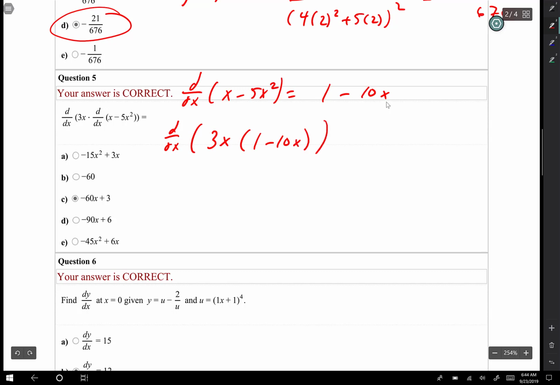You could do the product rule if you want, but I'm going to distribute first: d dx of 3x minus 30x squared. Now I'm going to take the derivative. The derivative of that is 3 minus 60x. And there it is.